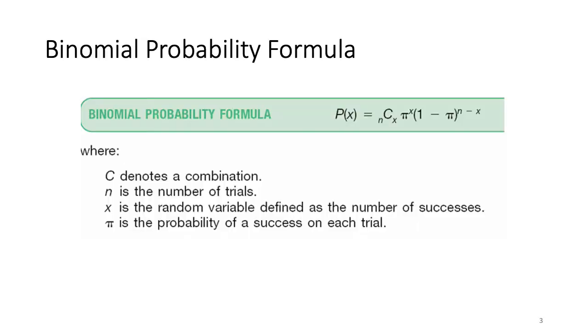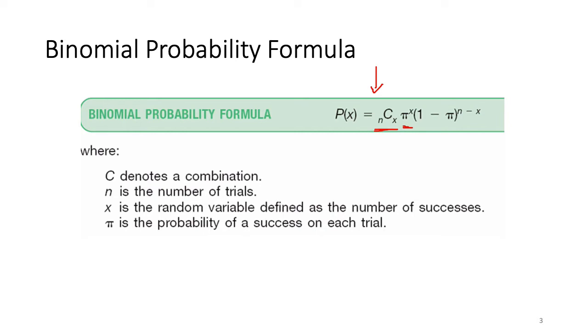The equation for the binomial probability distribution is written this way. It's written as n combination x. The n is the number of times or trials that there is in total for the experiment. X is the number of successes we're looking to find the probability of. Then we multiply by pi to the x.